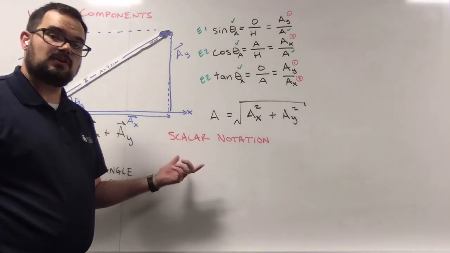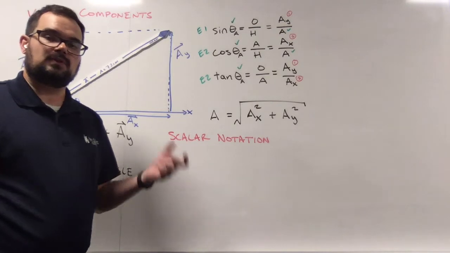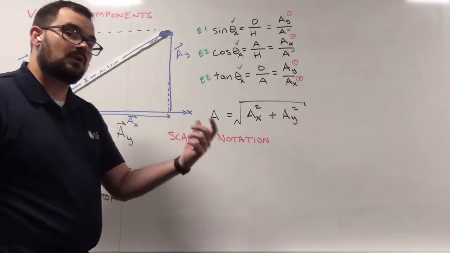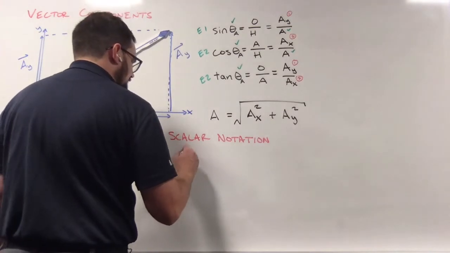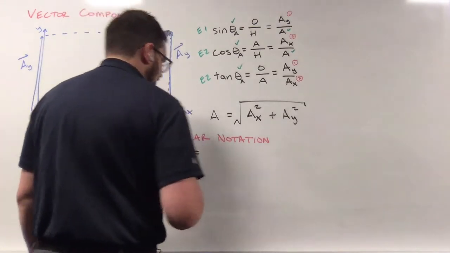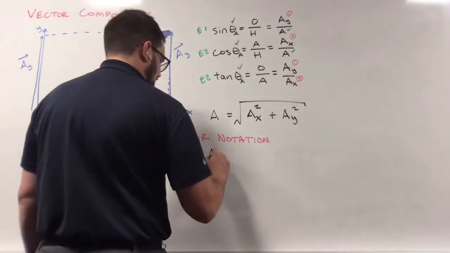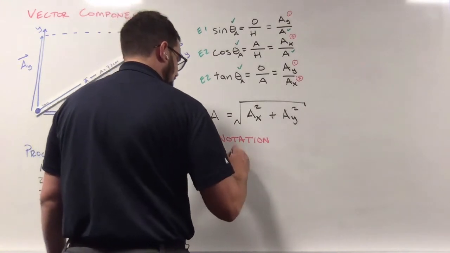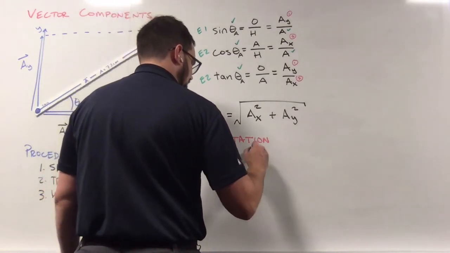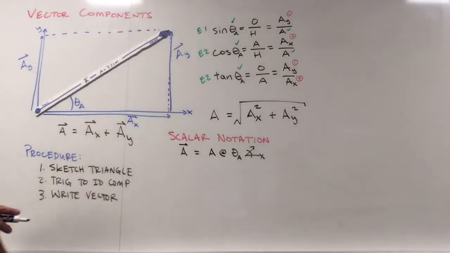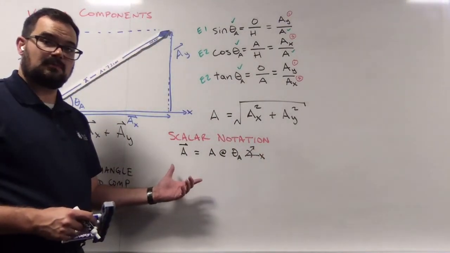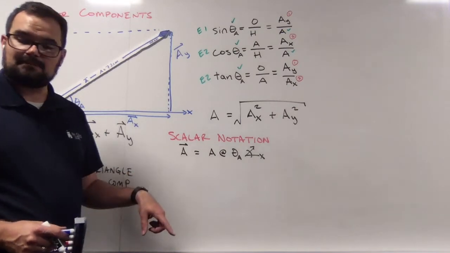And so in scalar notation, what we will typically do is write the magnitude and then draw an arrow to indicate the direction. So we've actually already done this before, but we could say A is going to be equal to the magnitude of A at the angle theta A up from the x-axis, like so. And this would be scalar notation. We've done this before.